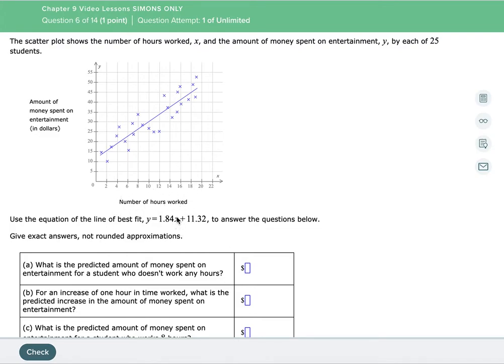So if I made this 0, what would I get for my Y? Well, think about it. If you put 0 in, you're going to get rid of this term. And if you get rid of this term, all you're left with is this 11.32. Well, that also happens to be where it crosses the y-axis.